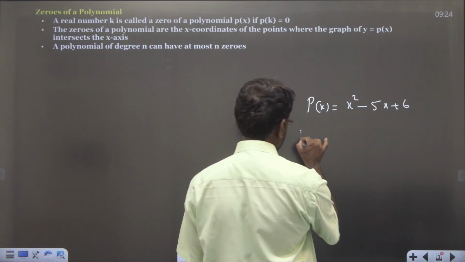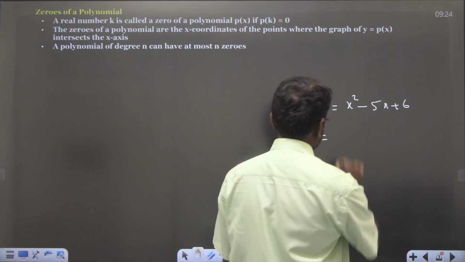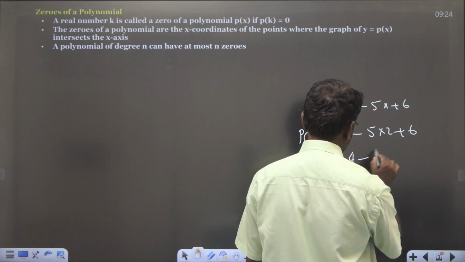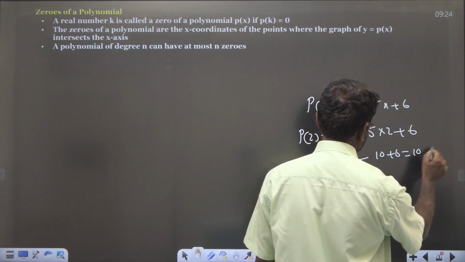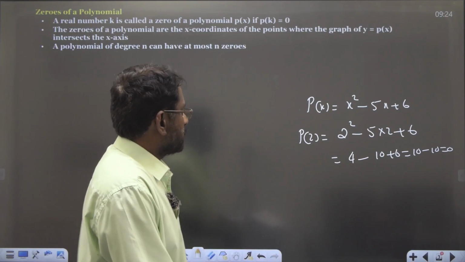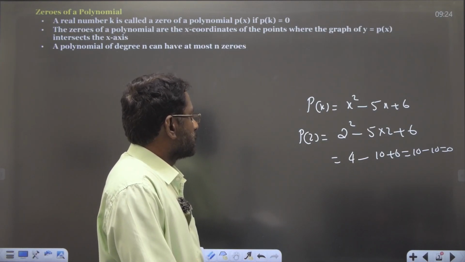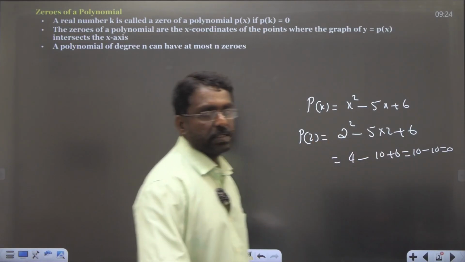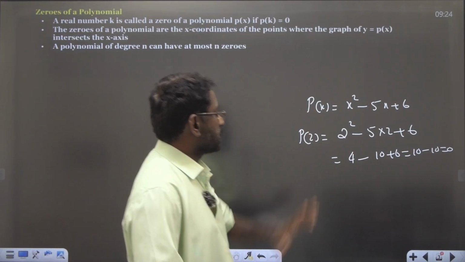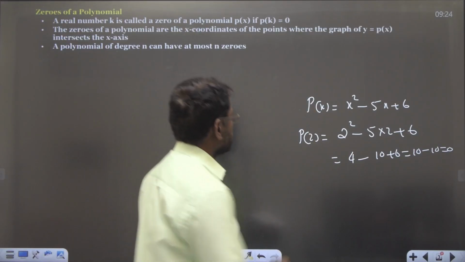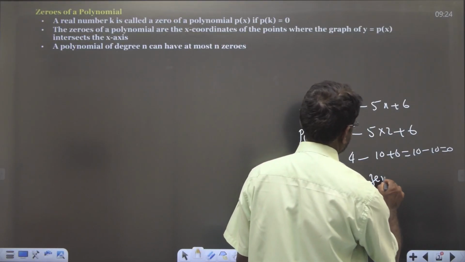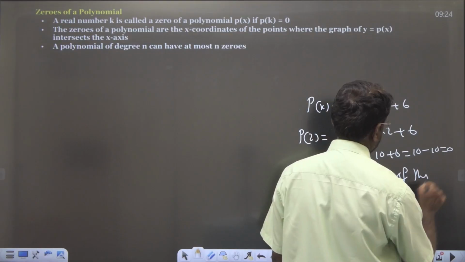You just find P of 2. What is P of 2? That is 2 square minus 5 into 2 plus 6, that is 4 minus 10 plus 6, that is 10 minus 10 equal to 0. When we substitute a value for x and the value of the polynomial is equal to 0, then we can say that 2 is a zero of this polynomial.